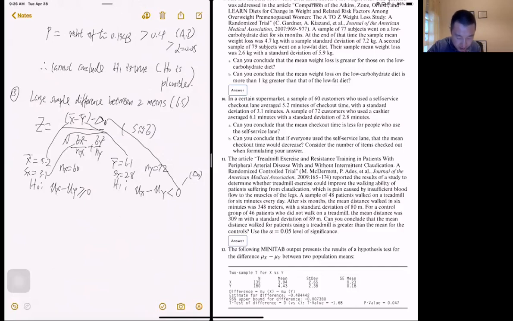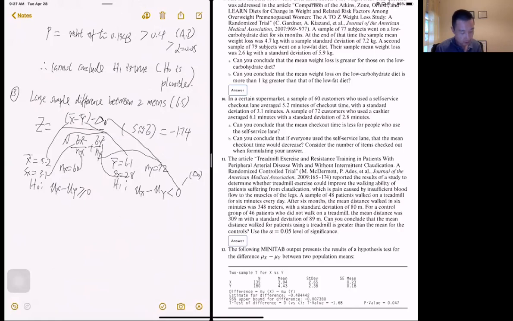Sample size NX is 60. For sigma Y, we use SY 2.8, and NY is equal to 72. So we calculate the z-score, which is minus 1.74.